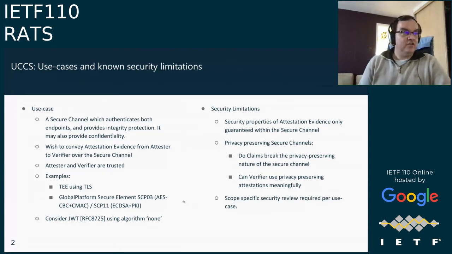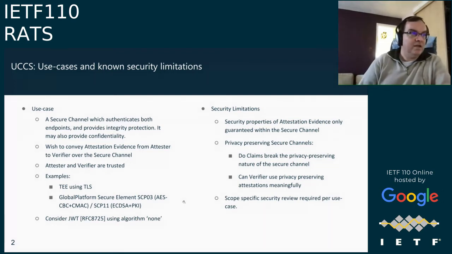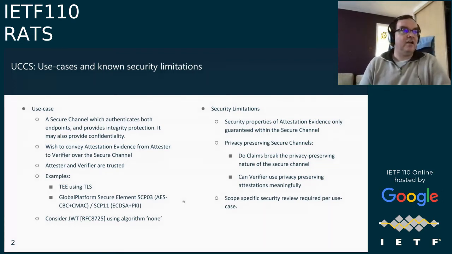These are secure channel protocols that essentially provide authentication and integrity protection, and usually also confidentiality. We can also consider that JWT already supports the algorithm none. From the perspective of security, we have limitations that we would like to discuss and that are discussed in more detail in the draft.